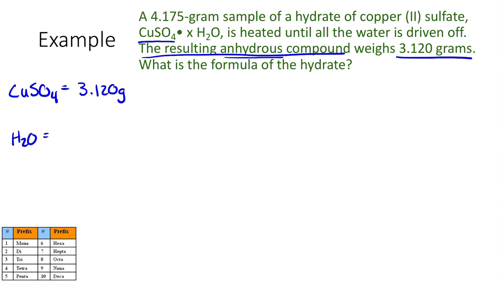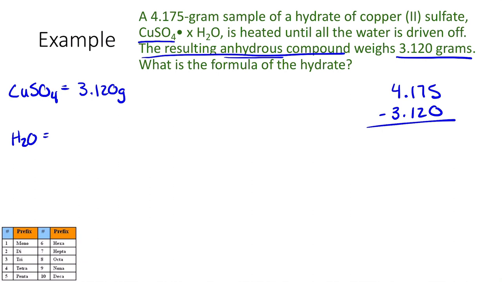And then in order to figure out how much water was driven off, we have to take the mass of the hydrate, which is the copper 2 sulfate salt with water incorporated into its crystals, and we have to subtract the mass of the anhydrate.